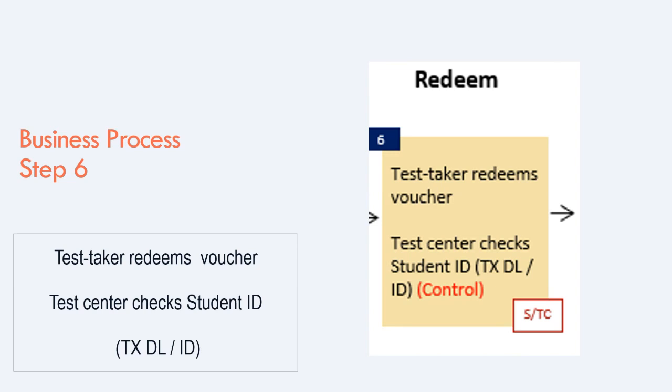And at that point, that is when the voucher is going to be redeemed through the system. So it is actually going to be put into the system before the individual goes to sit for a test. It actually happens during the scheduling and registration process.